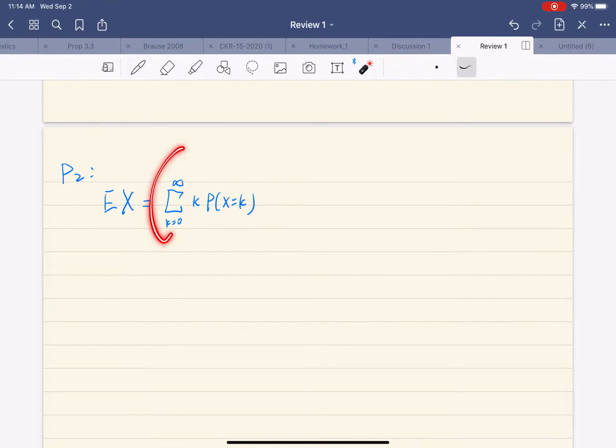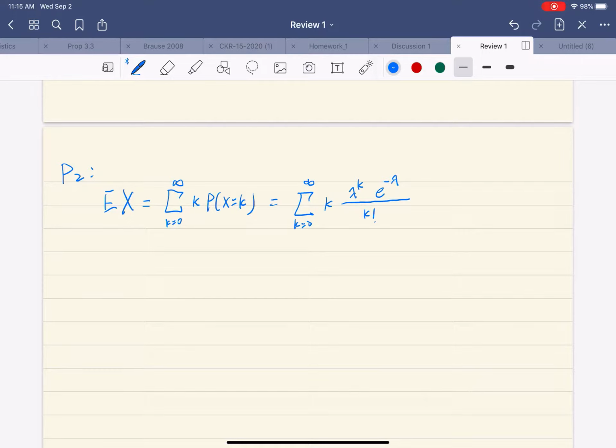So we have the summation here rather than the integration. We plug in the PMF of the Poisson distribution, which is lambda to the power k e to the negative lambda over k factorial.